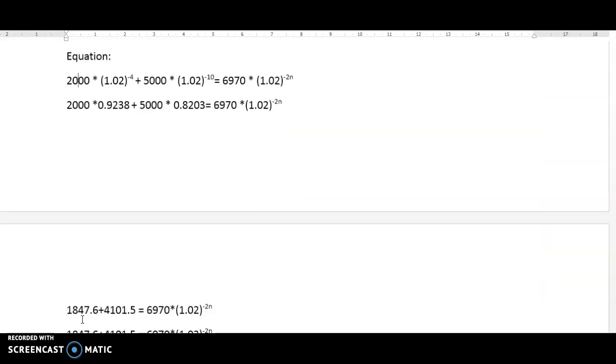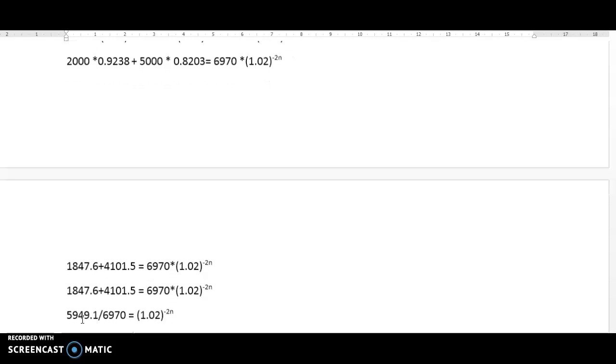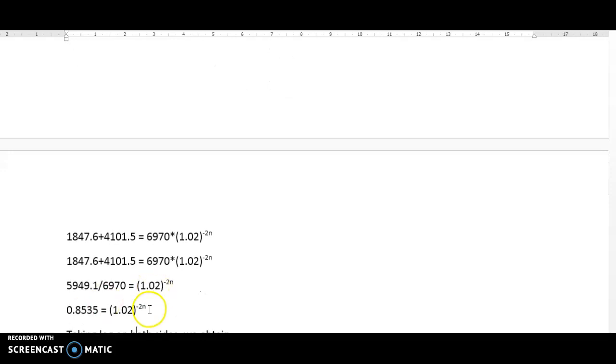You already have tables at the end of your book in which you can calculate the present value, so you simply have to use the tables to calculate this value. Till this part, I am assuming that you can calculate all the values using the present value tables at the end of your book, so there is nothing specific to discuss about these calculations. After that, you have to take log on both sides, because the power function has come up.